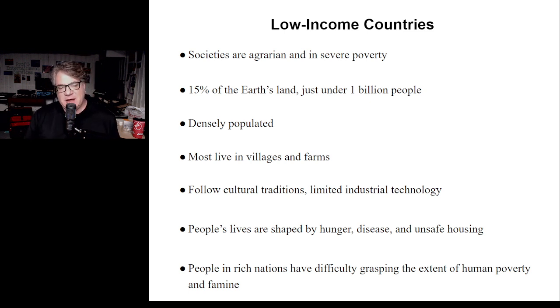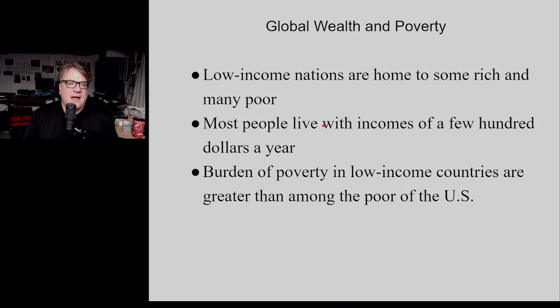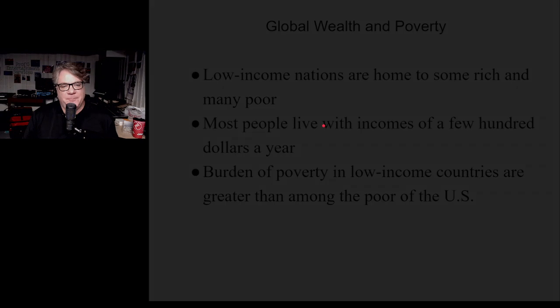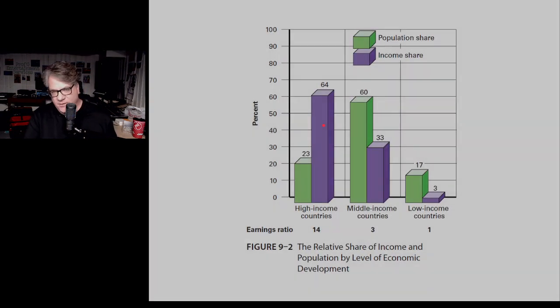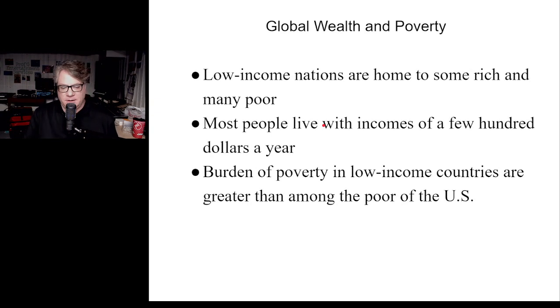People's lives are often shaped by hunger, disease, and unsafe housing. It's difficult for people in rich nations to grasp the extent of human poverty and famine. I oftentimes like to have people think about this in terms of a calorie, right? So, what do I mean by that?